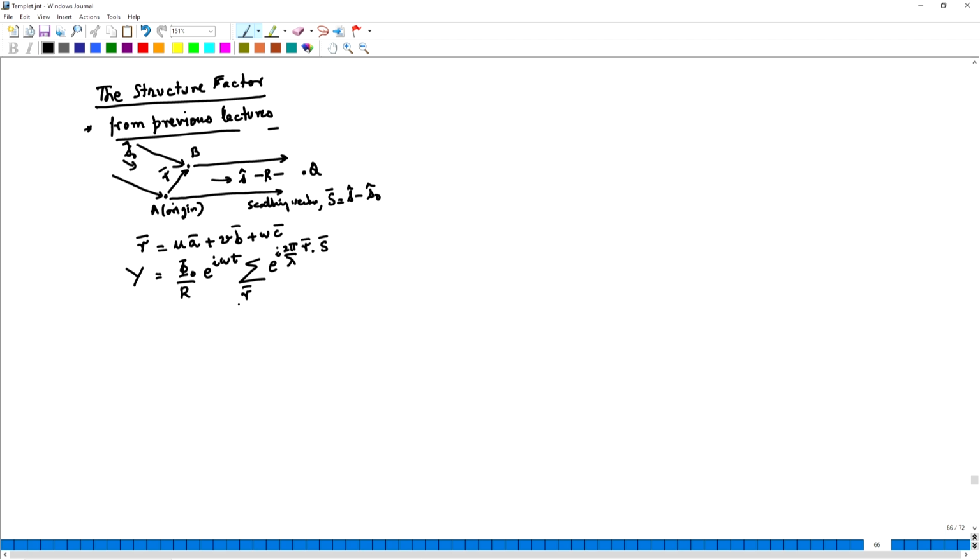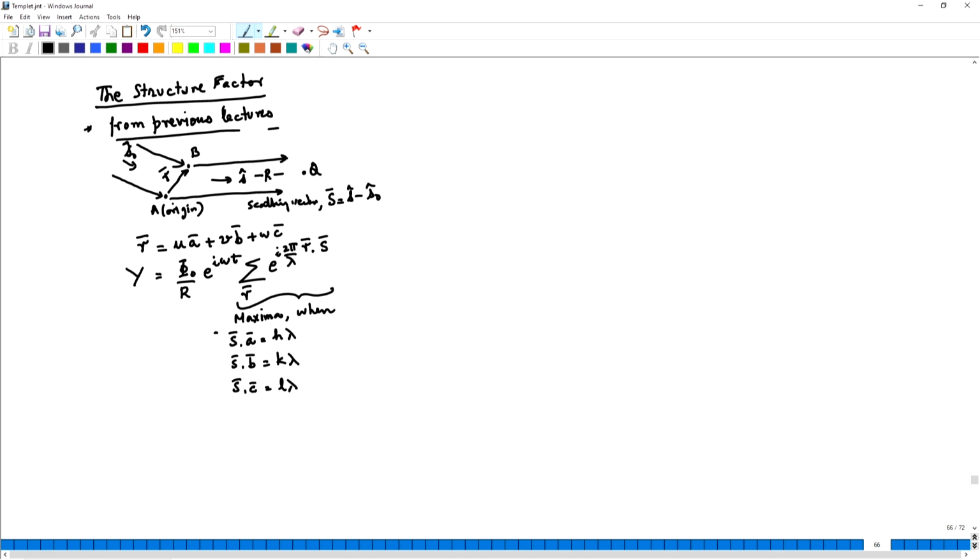We also saw that this summation term would have a maxima when the so called Laue conditions are satisfied, which is S dot A equals H lambda, S dot B equals K lambda, S dot C equals L lambda.